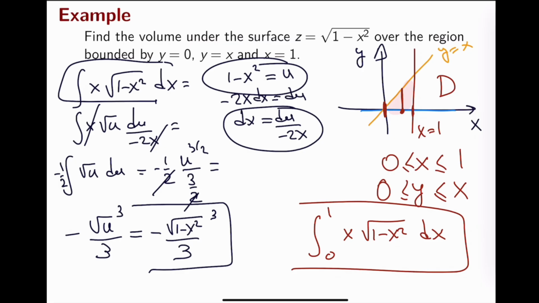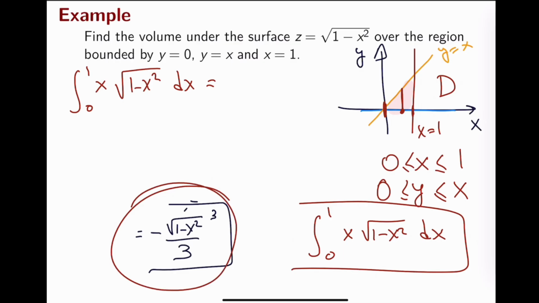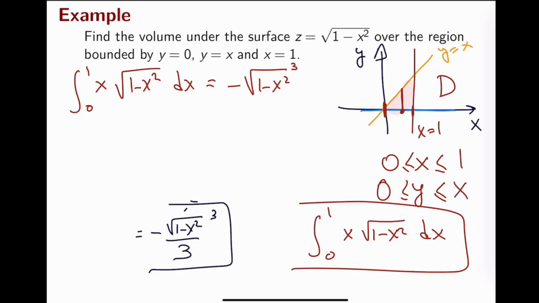So now knowing the primitive, we are going to come back here and just evaluate. The integral between 0 and 1 of x square root of 1 minus x squared dx is just this primitive that we just calculated, minus square root of 1 minus x squared cubed over 3 evaluated between 0 and 1.